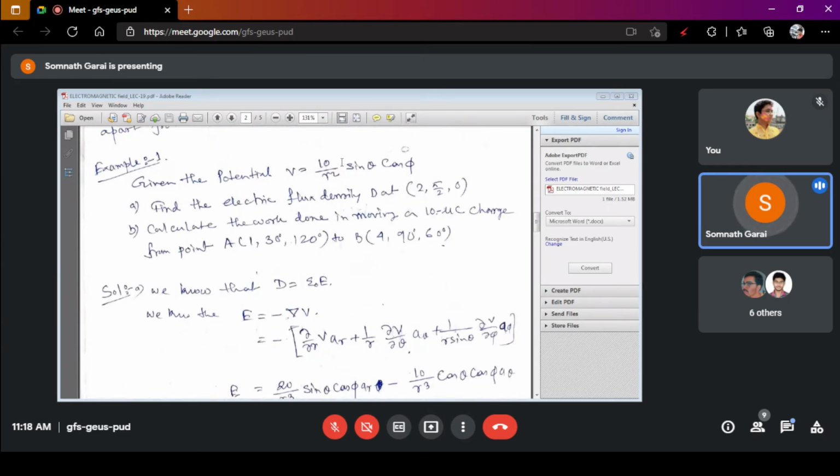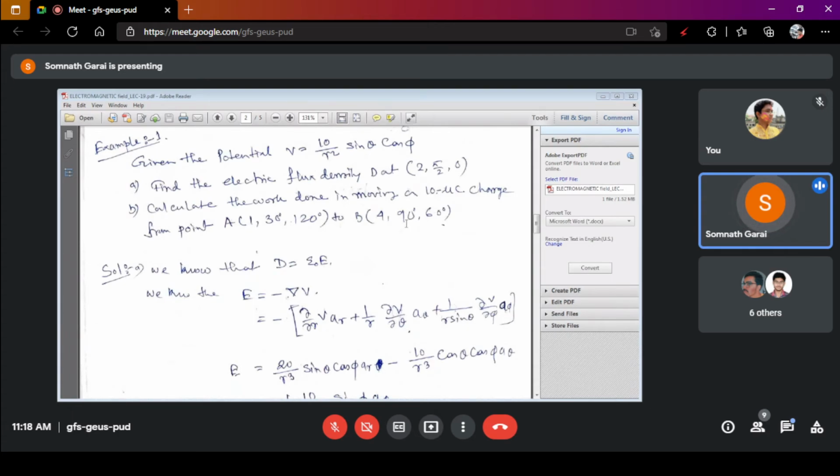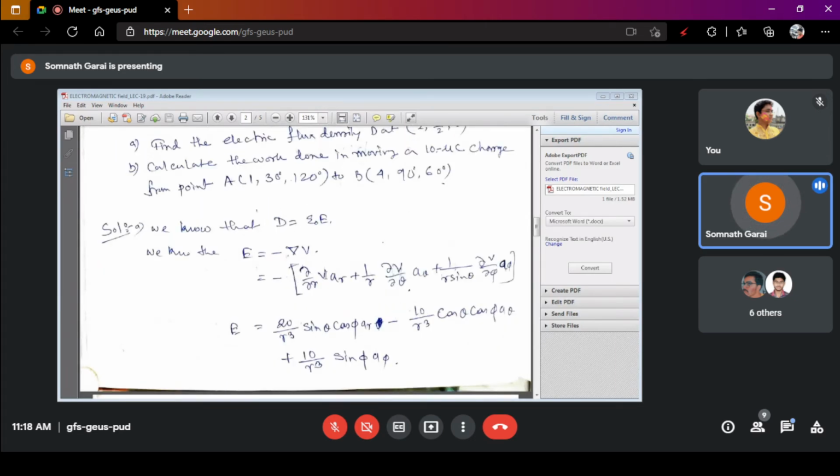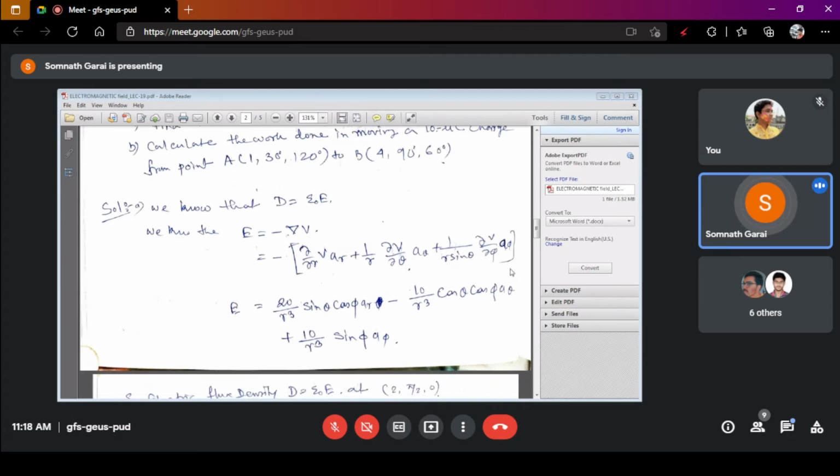We have the equation of electric potential V, so we take the gradient of this V. That is the gradient equation in spherical coordinates, remember it: del V by del r into A r plus 1 by r del V by del theta A theta plus 1 by r sin theta del V by del phi A phi. Right?